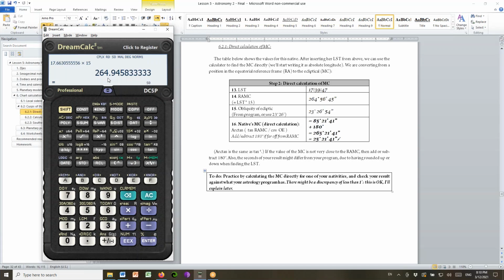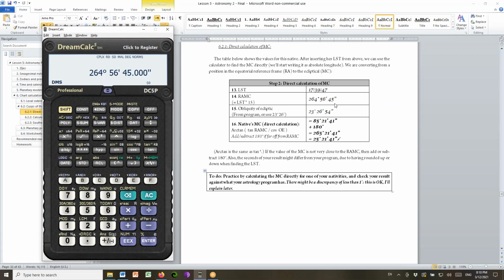Now, what you can do to convert this directly into degrees, minutes, and seconds again is just click the button. And it's 264.56.45. And you can see that's exactly what's here in the lesson, 264.56.45. So that's the degree of right ascension on the equator that's on the meridian.